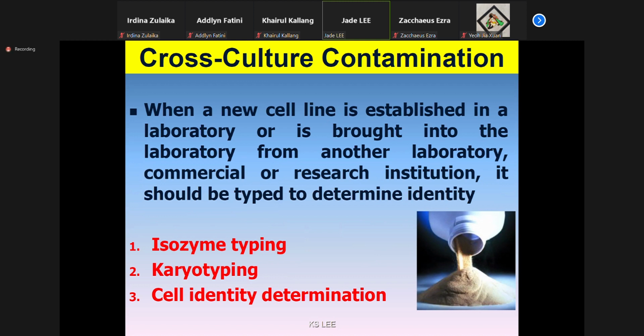These typing methods may include isozyme typing, karyotyping, like looking at the number of chromosomes, and also cell identity determination by looking at the proteins, the enzymes. So once you get a cell line from any other source, the first thing you need to do is the typing.